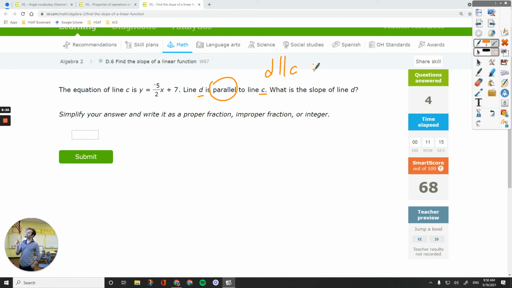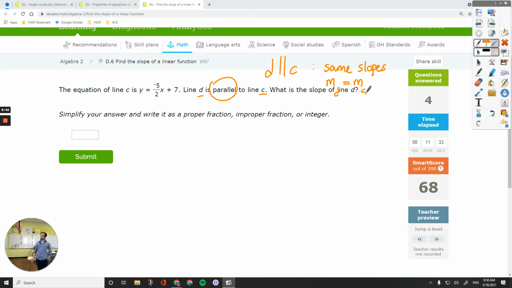If this is what you have, the keyword is the lines being parallel, same slopes. Or you can also express it as the slope of line D equals slope of line C.